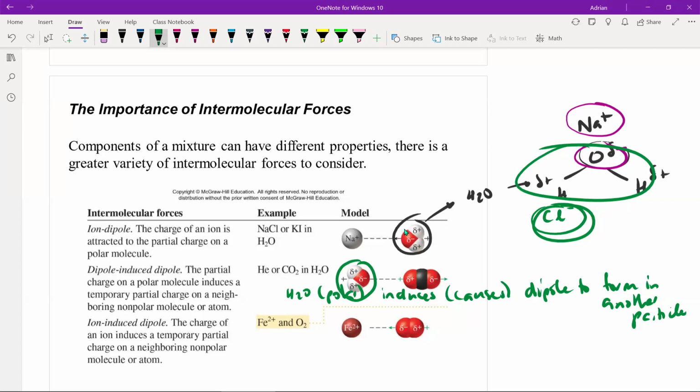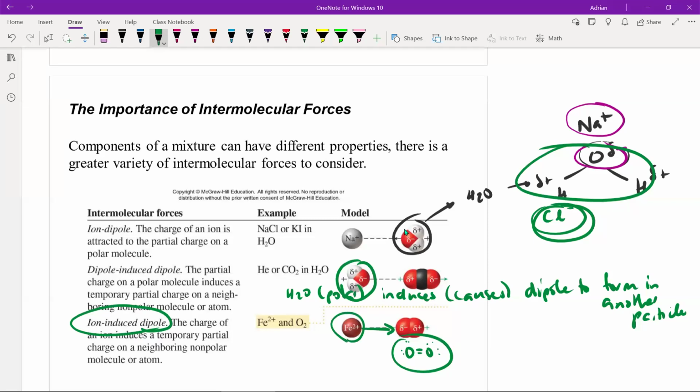We can also have dipoles that are induced or caused by ions, right? So in the case of oxygen, O2, nonpolar because both atoms have the same electronegativities. However, if we have an iron ion, like Fe2+, that has a charge on it, this can cause or induce a dipole in the nonpolar molecule.